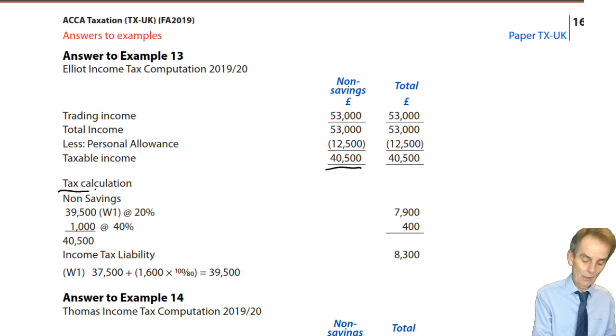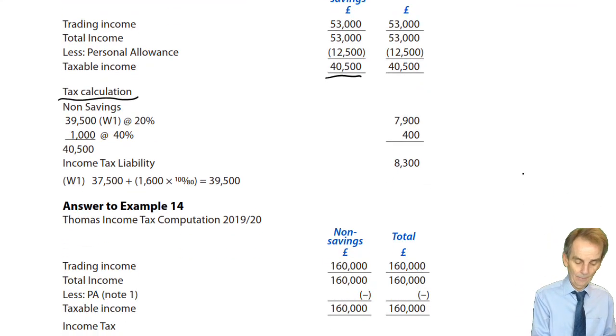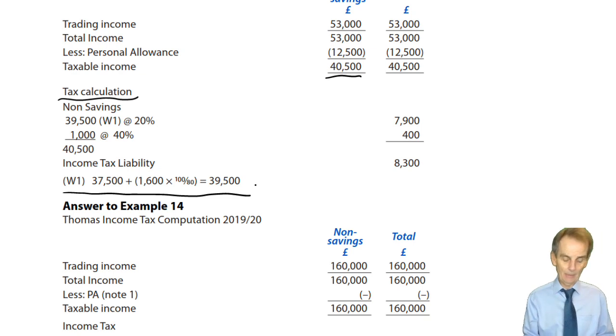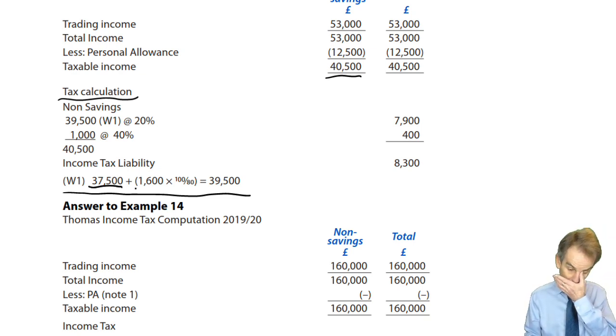Now, before we go into our calculation of the tax liability, we need a little working. A working that will revise the basic rate band limit, as we said. We start with, for our tax year, £37,500 plus the gross gift aid payment, which now means we work on a basis of a basic rate band limit of £39,500.